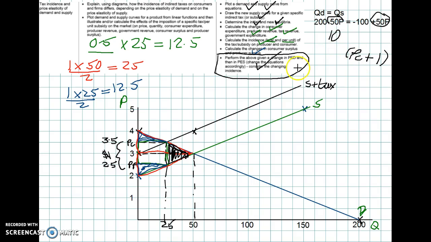So everything changes to plus, and for the supply line, we just plot 1 down there, then we go along here, plot 1, and then we link those lines together. That would be our S with subsidy.